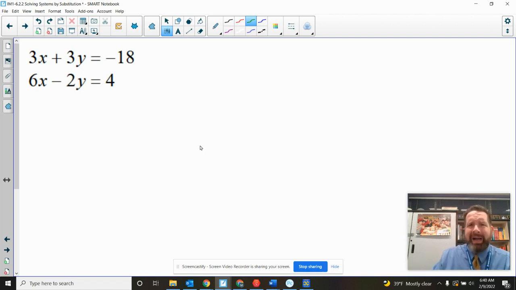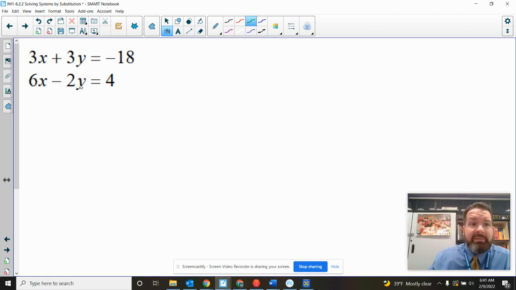We're going to have to divide. And the reason I know that is that there are numbers in front of all these variables. So if I solve for this top x, I'm going to have to divide by 3 at some point. If I solve for this bottom y, I'm going to have to divide by -2 at some point. So you just want to see what would give you the easiest division.